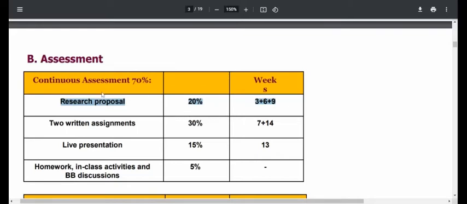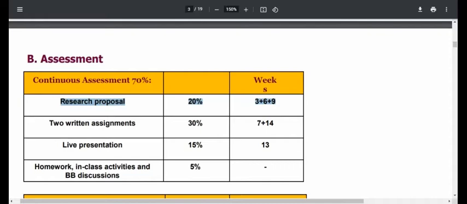Well, let's just say first there's continuous assessment, which means throughout the semester, you will have some marked assignments or exams. The research proposal is the first of these, and as you know, parts of it are due in weeks 3, 6, and 9.